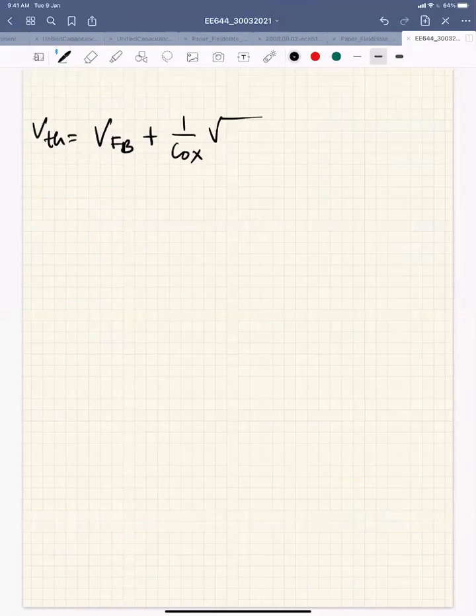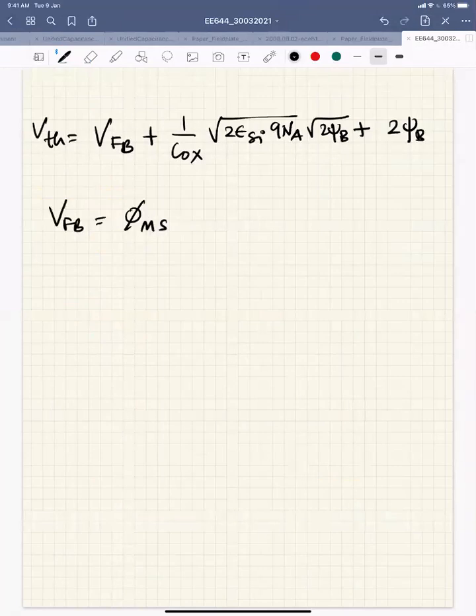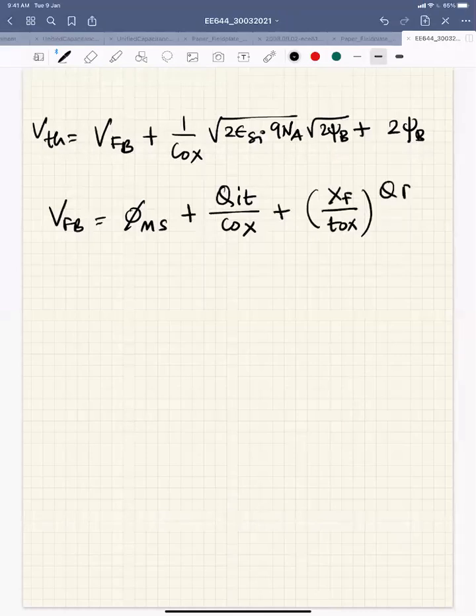So your threshold voltage will be the flat band voltage plus 1 by Cox root over 2 epsilon Si QNA root over 2 psi B plus 2 psi B, and your flat band voltage is nothing but phi ms plus, let's say you have some charges at the interface, QIT by Cox, and if you have some charges in the oxide, then this will be xF by Tox times QF by C oxide.